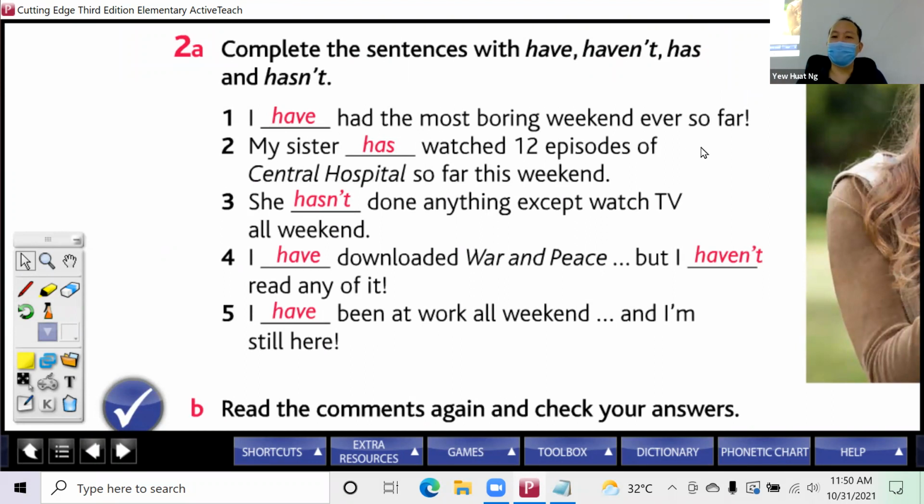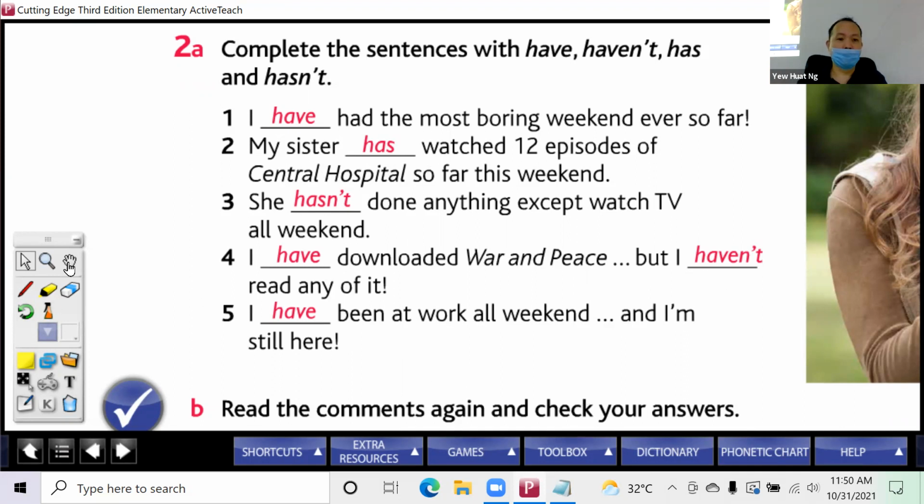In Chinese is 到目前为止，这个是我一生中最无聊的周末. There's no 已经 but in English there is because I have had the most boring from past up to now. My sister has watched. So for this one, you can translate your 已经, correct? She hasn't done anything. I have downloaded, but I haven't read. I have been at work all weekend and I'm still here.